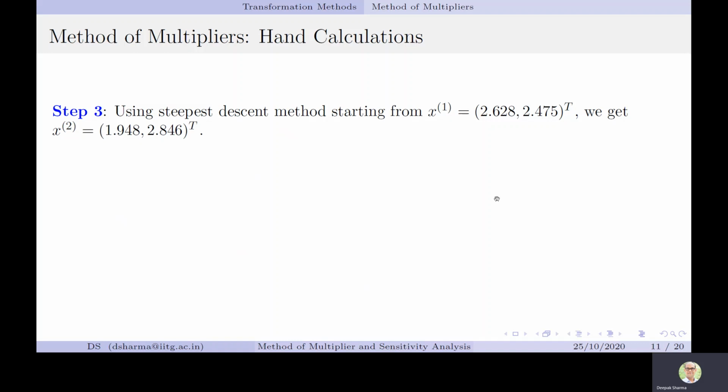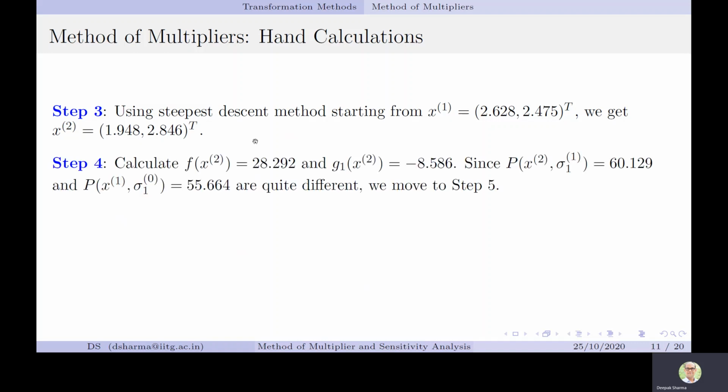So using that penalty function, again, if we use the steepest descent method, starting from x1, we get a new point, say x2, which is 1.948 and 2.846. Since we have the previous point, we are calculating the objective function at the new point and the G1 constraint at the new point.